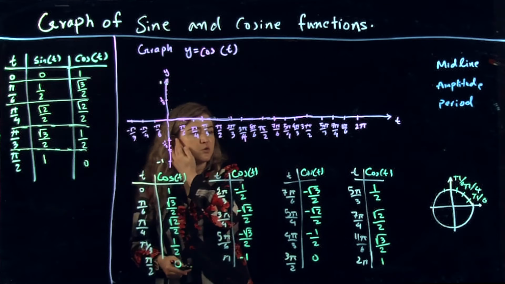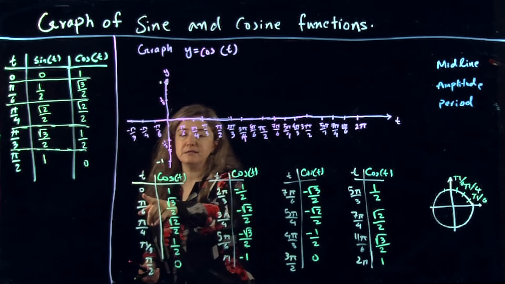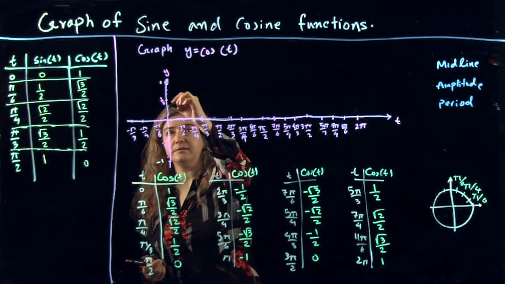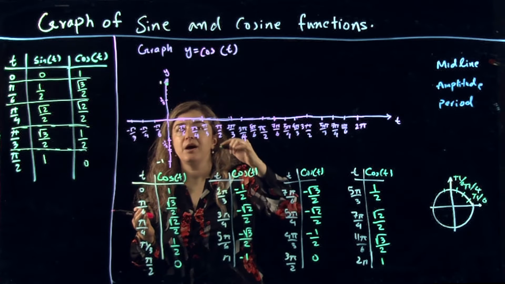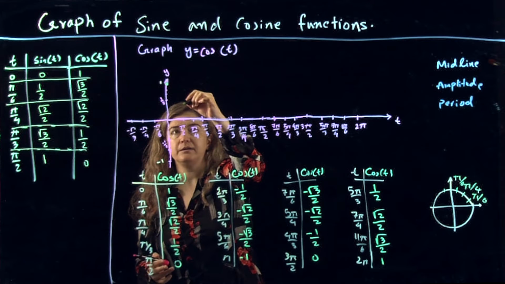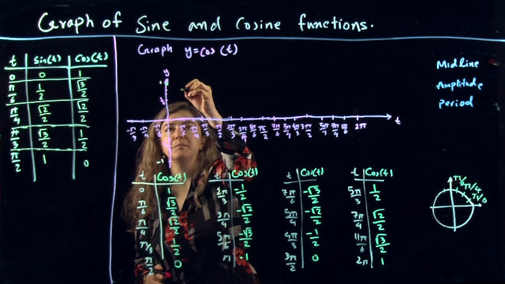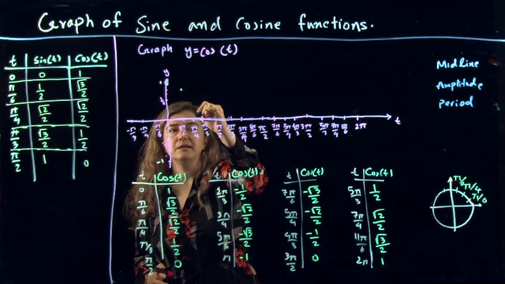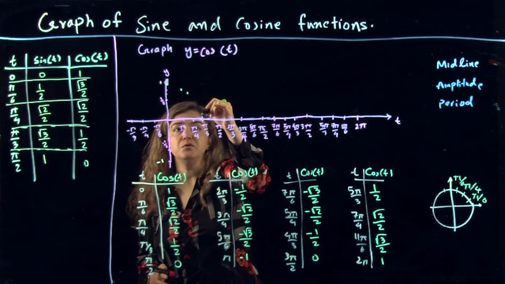Now let's plot using these points. At 0, I get 1 right there. At pi sixth, I get square root of 3 over 2, which is about here. Then at pi fourth, I get square root of 2 over 2.